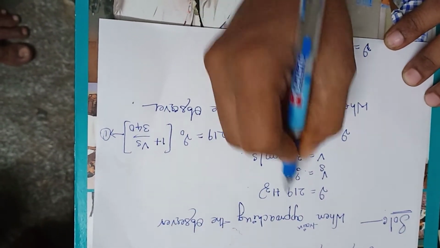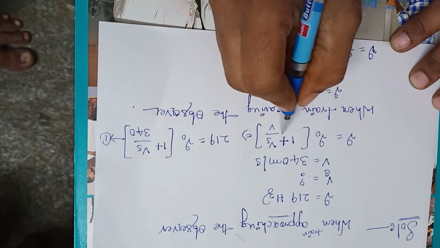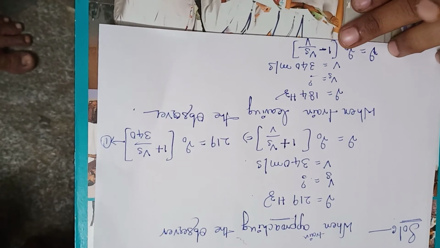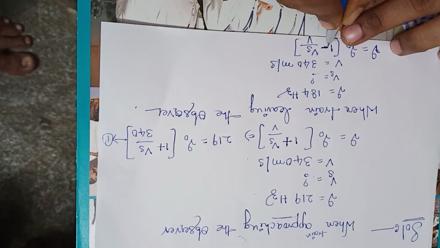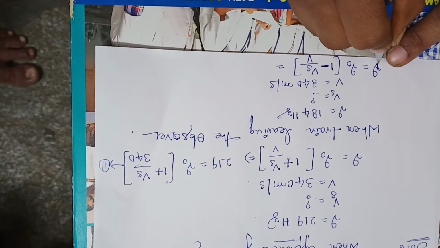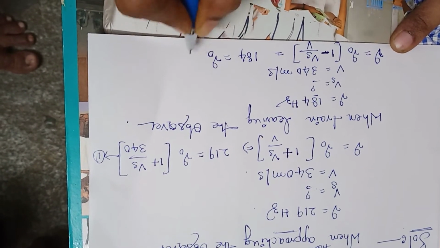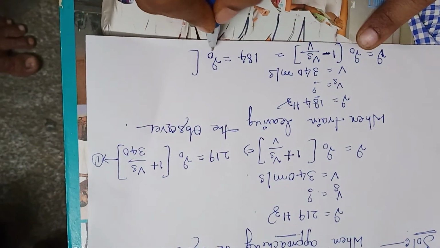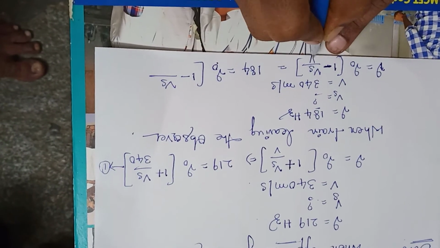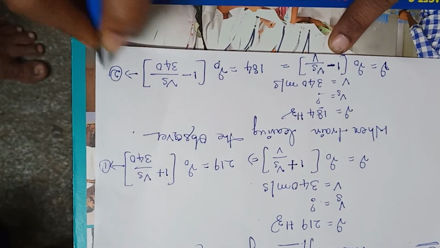Approaching means the value is positive, and leaving means it moves away from the observer, so there is a loss, which is why we get the minus sign. So 184 equals nu naught into 1 minus vs by 340. This is the second equation.